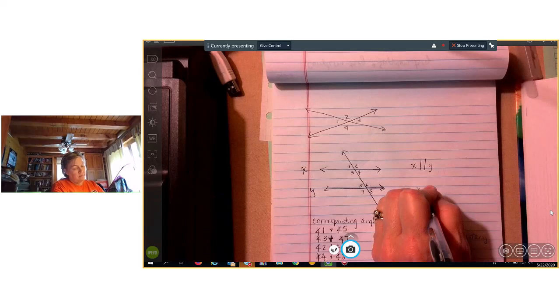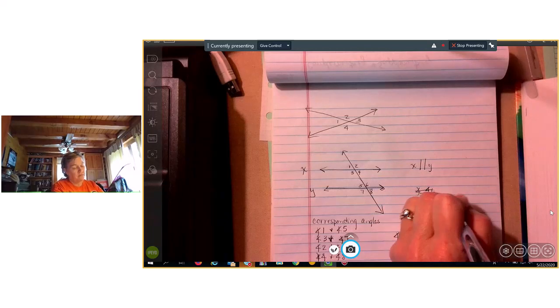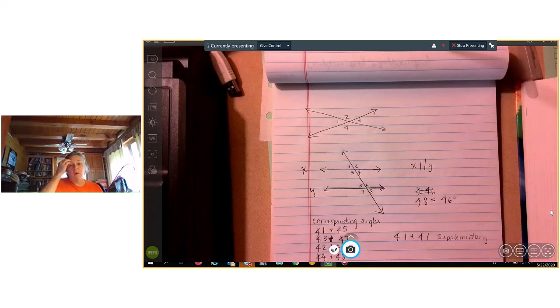Sorry, I'm going to rewrite this a little bit neater. Angle 8 equals 46 degrees. Now I want you to find the angle measurements of all the other angles in here.